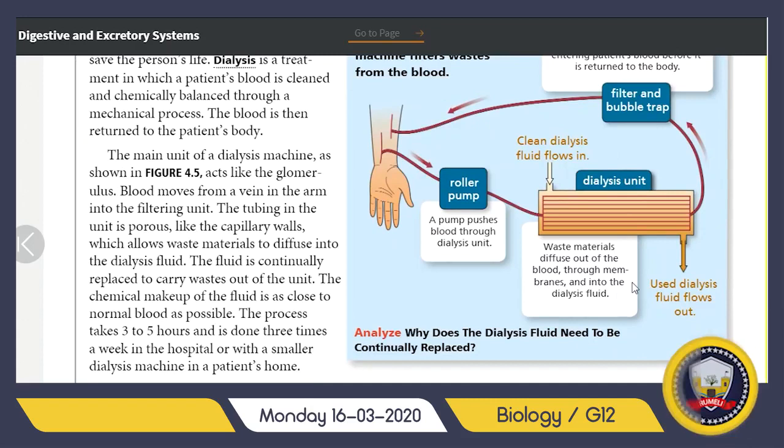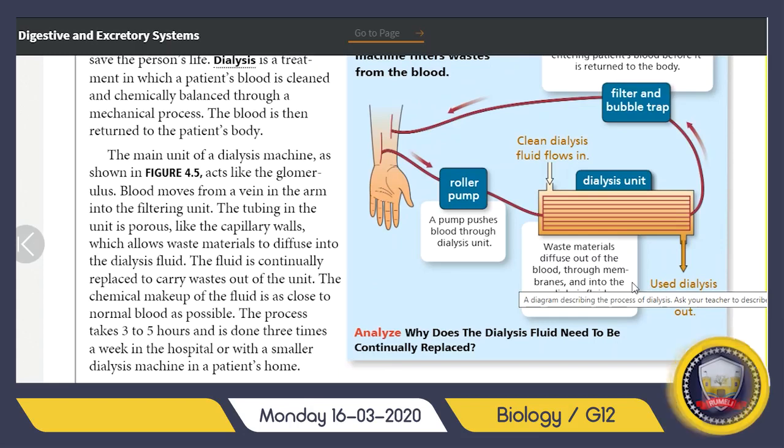There are many companies that manufacture this dialysis unit, and you can find it in almost any hospital, whether it be a governmental hospital or a private hospital. So it's available. If you know anyone with kidney damage and they need dialysis, it's doable, it's easy, so no worries there.